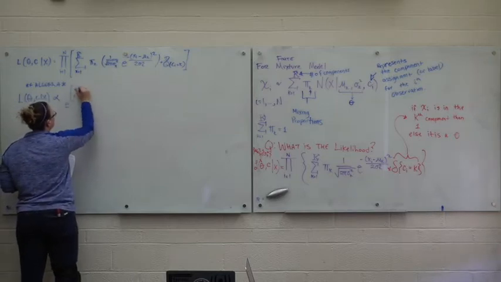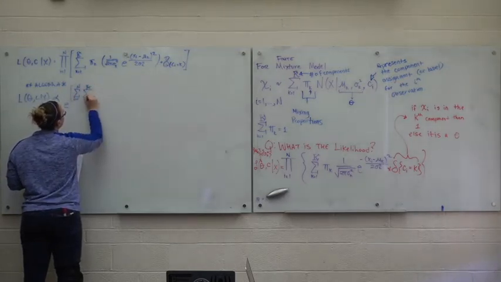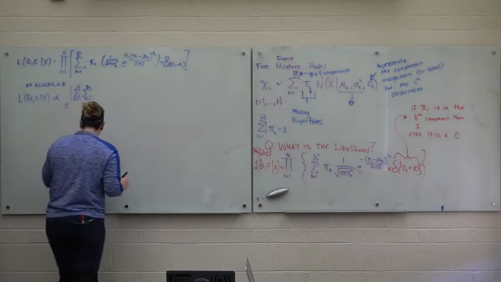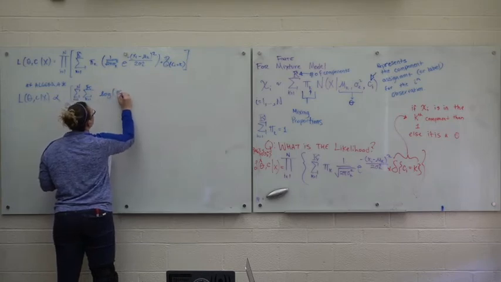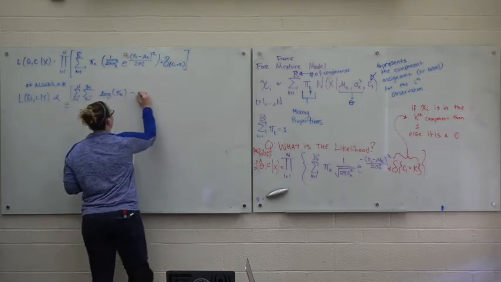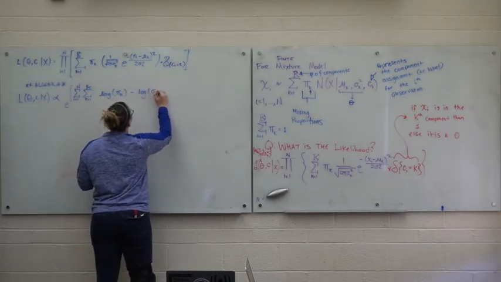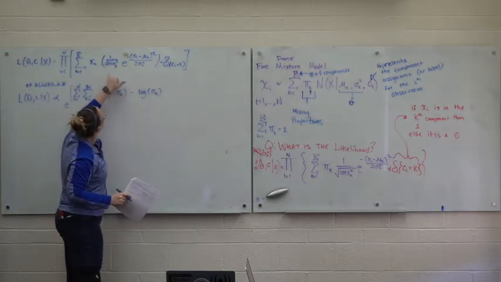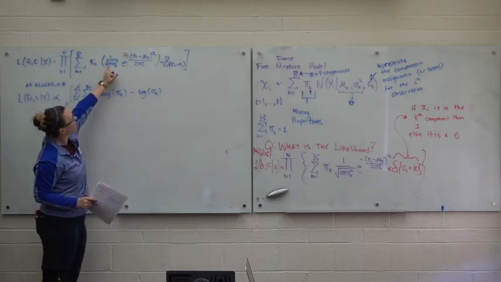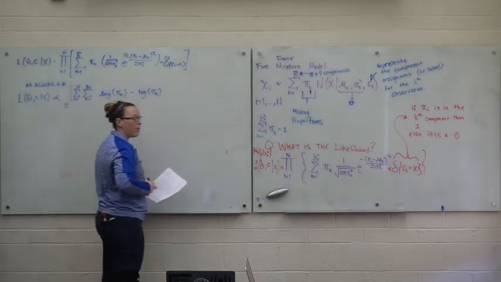We're going to have the sum over i equals 1 to N, sum over k equals 1, log of pi k minus log sigma k. It's going to be sigma because I'm getting rid of the square root. Also notice this square root of 2 pi is no longer in there. It's proportional because likelihood is going to be proportional.